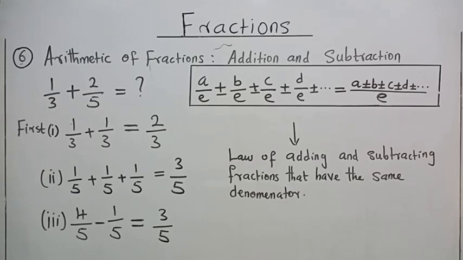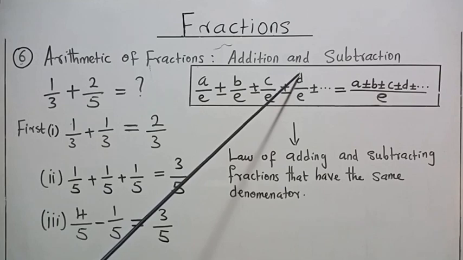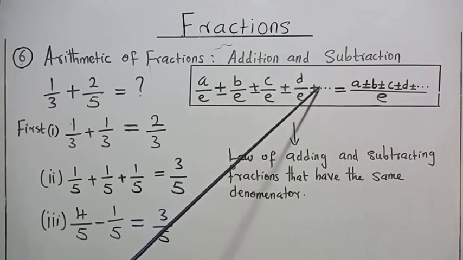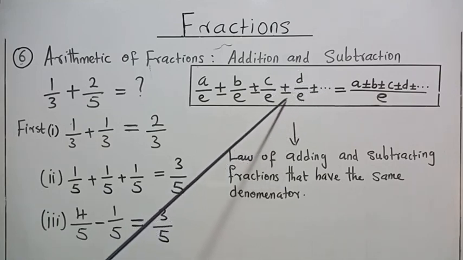Right, this is a law of adding and subtracting fractions that have the same denominator. It says A over E plus or minus B over E plus or minus C over E plus or minus D over E plus or minus any other fractions that possess the same E as the denominator.